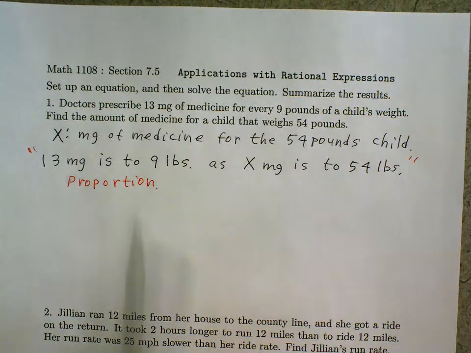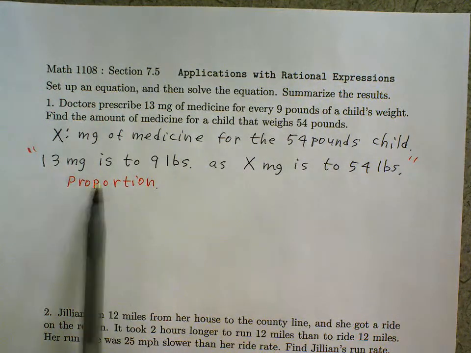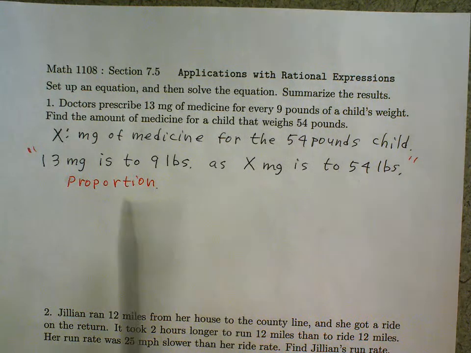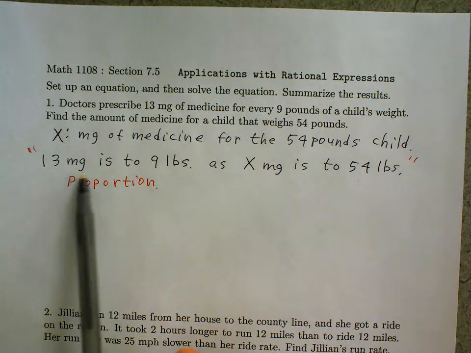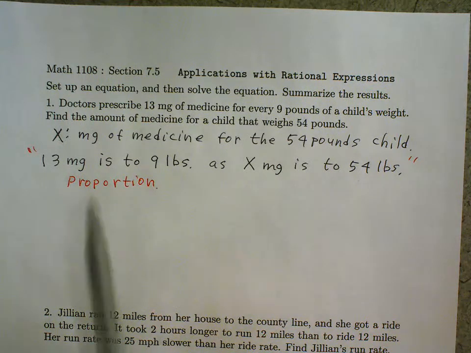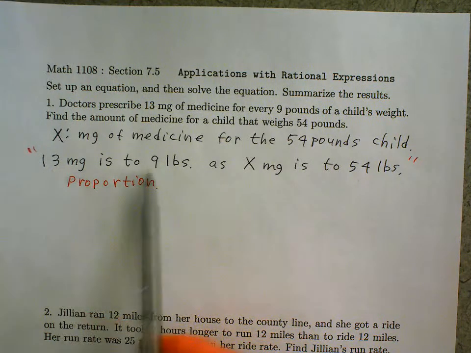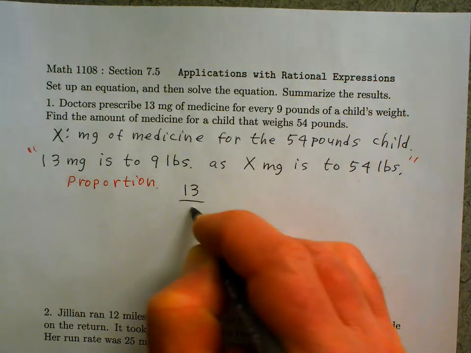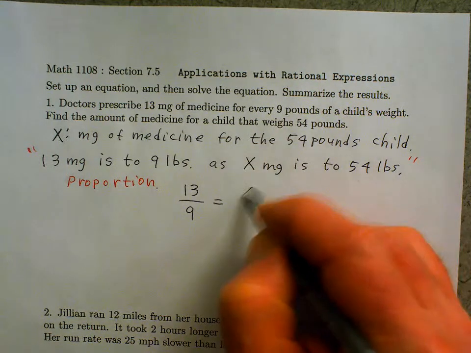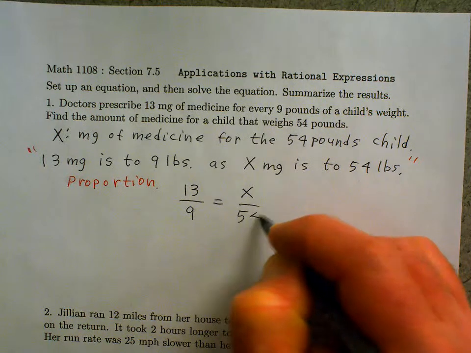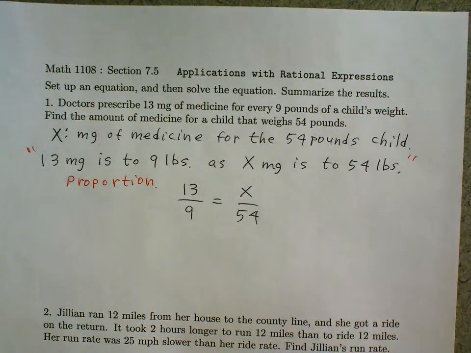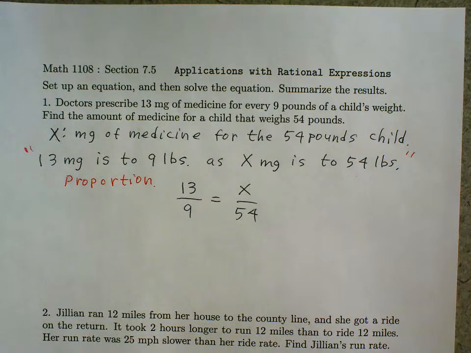But we can translate this into an equation, and in the equation, we'll just use the numbers and the variable X without the units, milligrams and pounds. So we can say 13 is to 9 as X is to 54. And that's all there is to it.